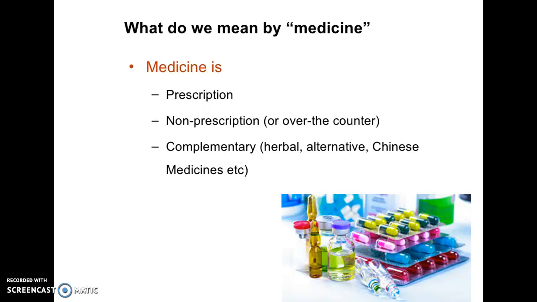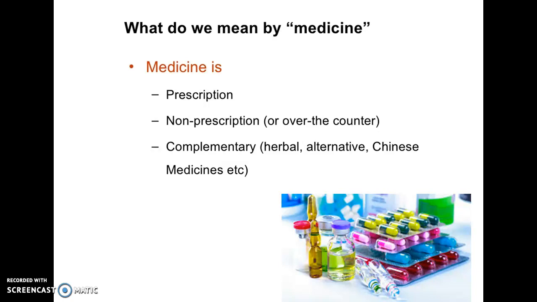There are many drugs which cannot be sold over the counter, and for such drugs, prescription is essential. Medicine also includes complementary types, where we use herbal medicine, or alternative medicines, or Chinese medicine, and so on.